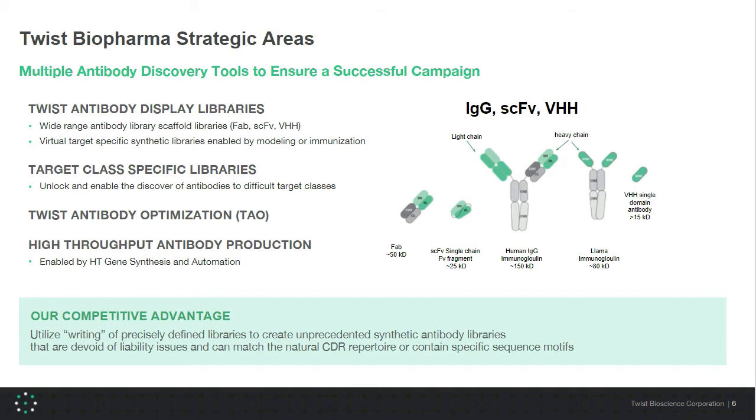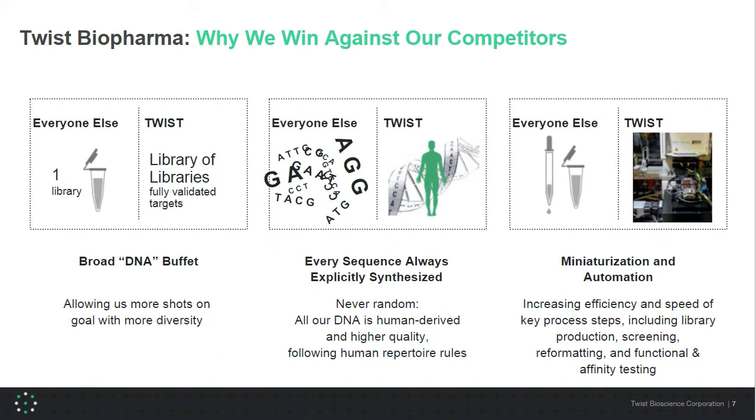So why Twist Biopharma? You're probably thinking, there's a lot of antibody discovery companies out there. What differentiates you from all of your competitors? Well, the first one is, unlike a lot of our competitors, we are a DNA company. We have this amazing ability to print DNA using the oligo platform, and that allows us to build tons of libraries. And that's why we've coined the term, the library of libraries.